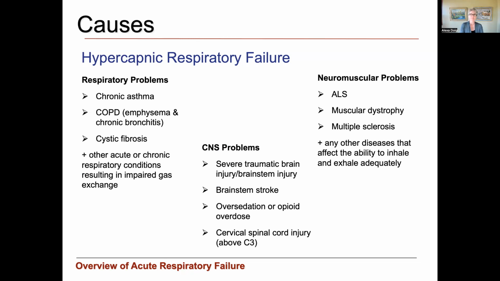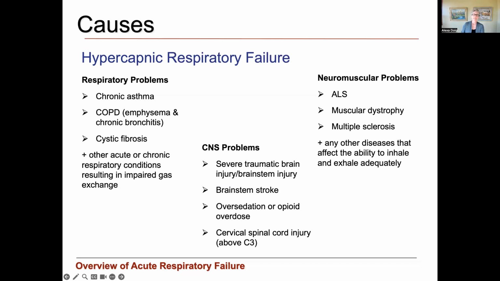So honestly, patients should not be getting a diagnosis of COPD unless they don't know what it is or they have both, which is very common because smoking, for example, can cause both emphysema and chronic bronchitis. Cystic fibrosis, again, is a genetic disease causing mucus buildup in the lungs.